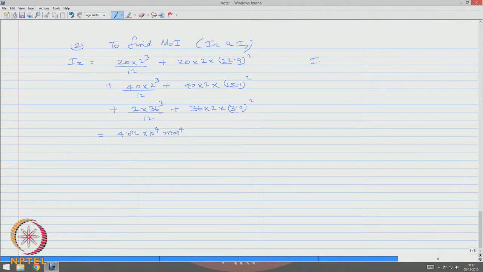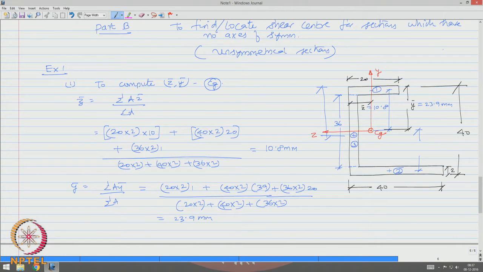Let us find I y. b d cube by 12 plus A k square. I am talking about I y.